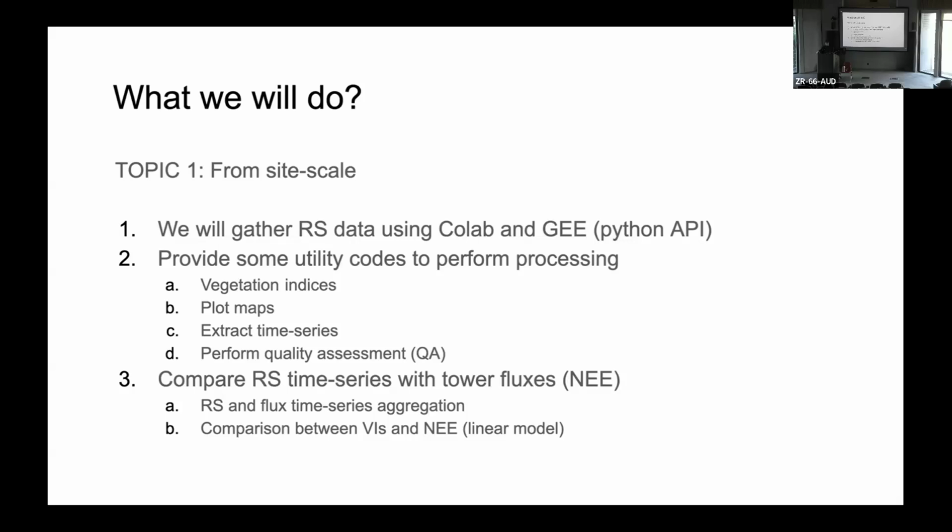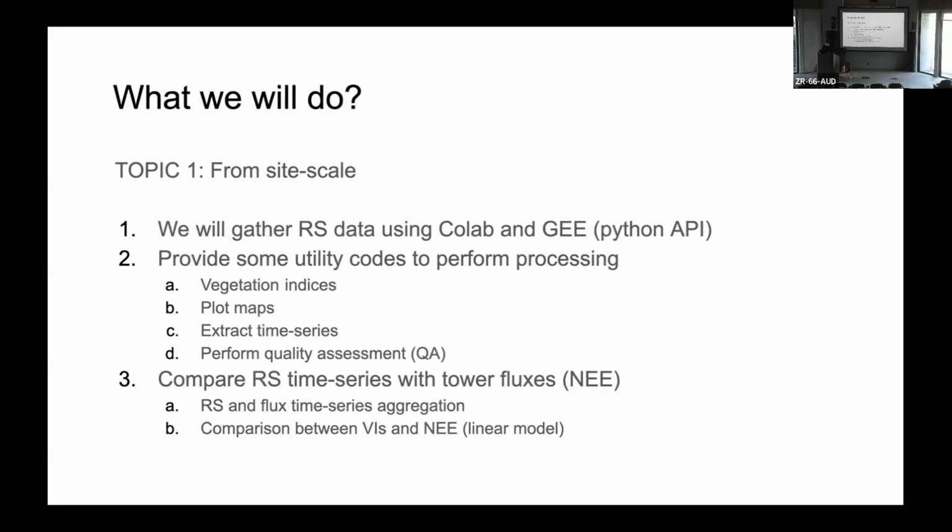So we will gather some remote sensing data, compute some vegetation indexes, plot some maps, extract some time series, and look at some quality assessment. The third part, we will look at time series over the tower fluxes.